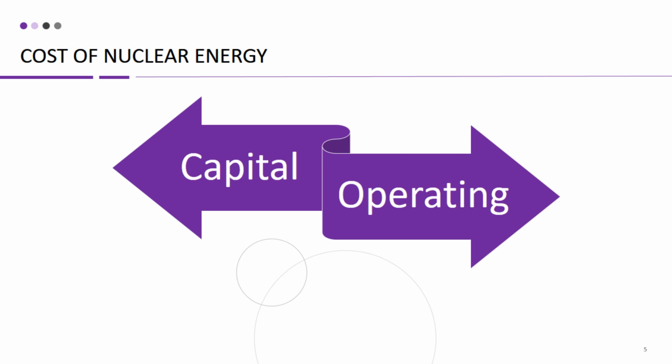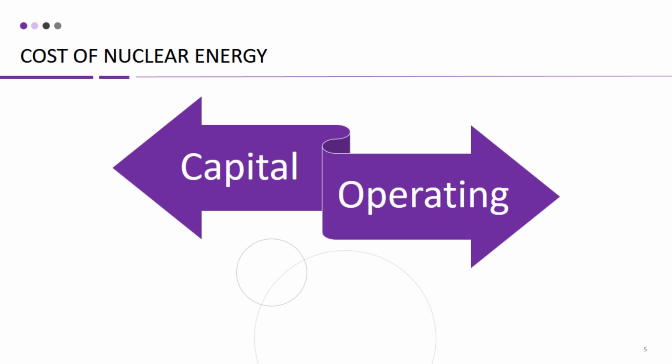These costs can be significant and are often a major factor in the decision to build a new nuclear power plant. The capital costs of nuclear power plants vary widely depending on the size, location, and technology used. In some cases, the cost overruns associated with building a nuclear power plant can be substantial.